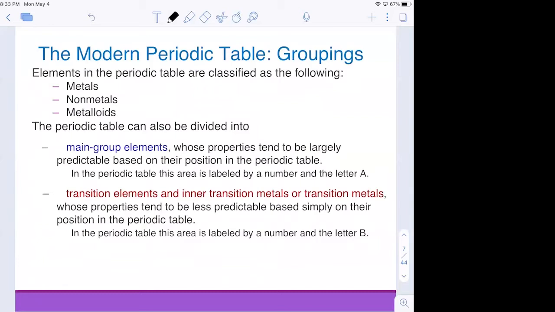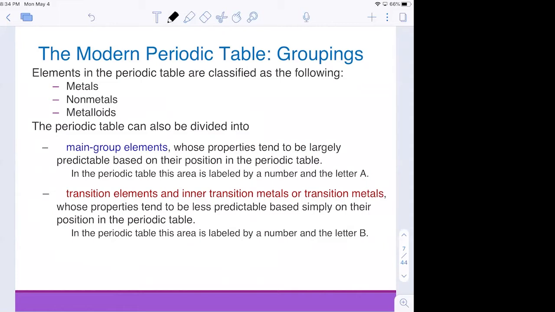Okay, groupings. Again, we'll see a couple of different ways to talk about the periodic table. What I would suggest at this point is pulling out a periodic table again, and honing in on these specific groups as we dive into it. I know the online format's not the best, however, we'll do a lot of this practice in class.